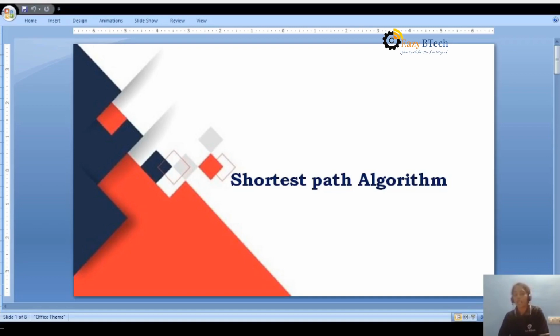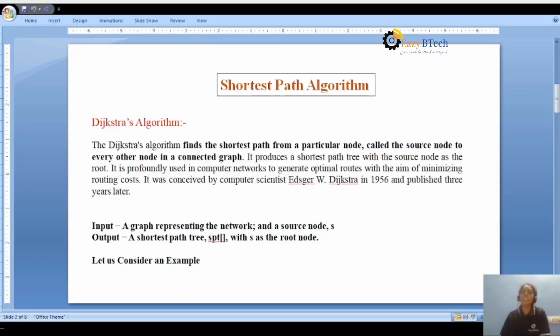What are the different types of shortest path algorithms we have, and what is the use? How can we send our data packet from source to destination to find the best route or shortest path? Here, Dijkstra's algorithm is one of the most efficient shortest path algorithms.